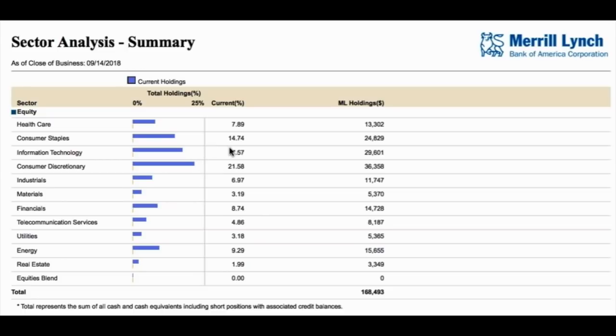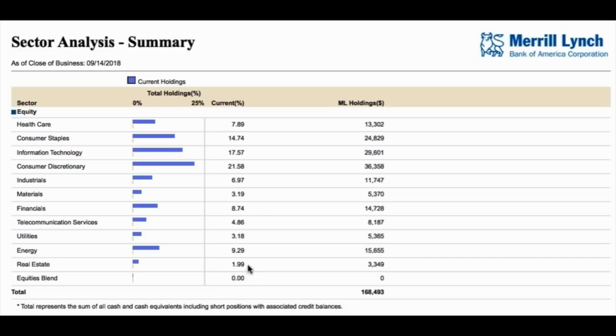You always want some level of exposure, not seeking true diversification with single stock ownership. I'm a little under 20% there, a little bit over in consumer discretionary, probably a little underweight in industrials, and then my material sector exposure, financials. Telecom is a little overweight with my holdings there, utilities. I'm probably right on the money with energy as well.